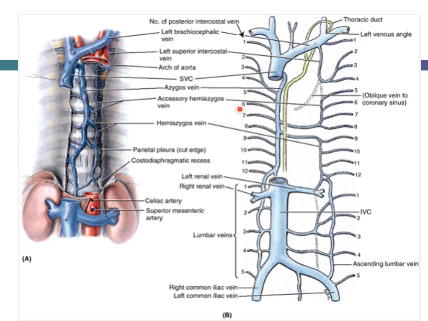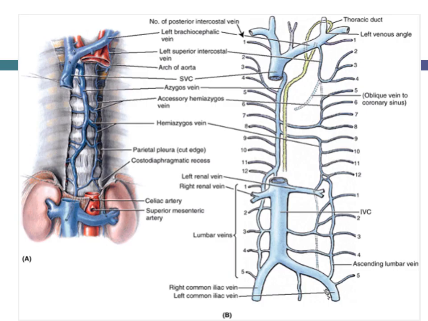Now we can see that the first intercostal vein drains on both sides into the brachiocephalic vein, and the second, third and fourth intercostal veins on the right side form the right superior intercostal vein draining into the azygous vein, whereas the second, third and fourth on the left side drain into the brachiocephalic vein.